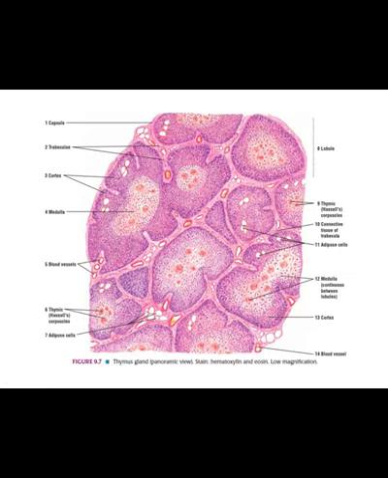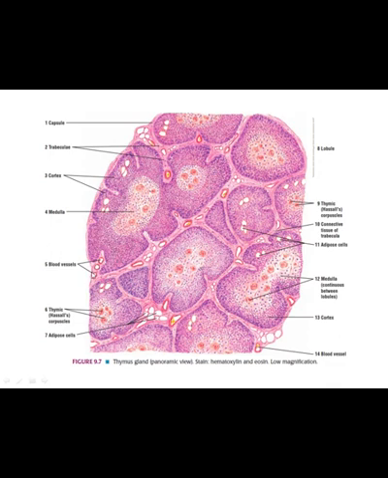This is the magnified picture of the thymus gland. Here we can see the capsule, the outer covering, and from this capsule, the trabeculae or interlobular septa. This darkly stained area is the cortex, in which lymphocytes are densely packed and the epithelial reticular cells are less densely packed.